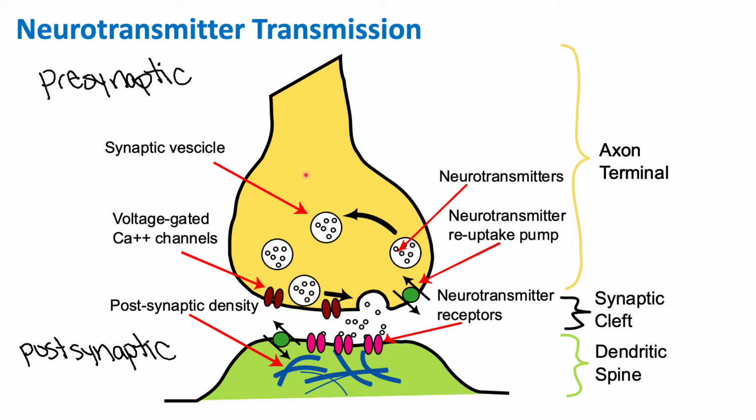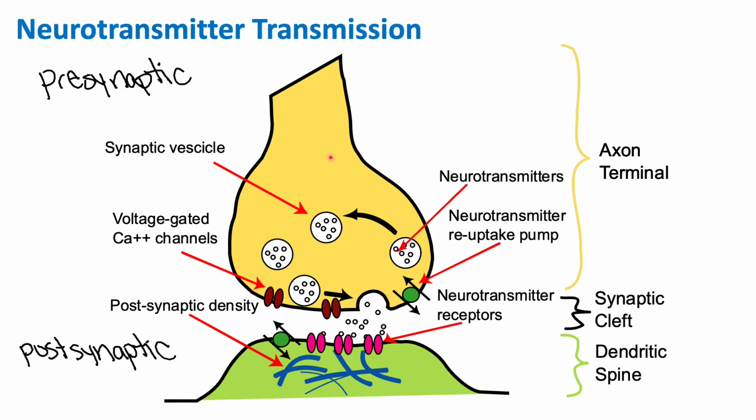Now that action potential, when it reaches the end of the axon, causes the voltage-gated calcium 2+ channels to open. And since there's a higher concentration of calcium 2+ outside of the cell, calcium will run into the axon terminal. When it runs into the axon terminal, this causes the vesicles that carry the neurotransmitter to bind with that cell membrane.